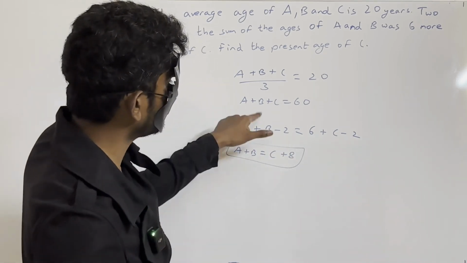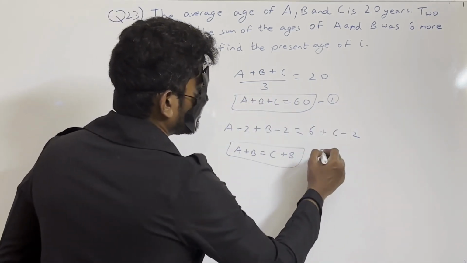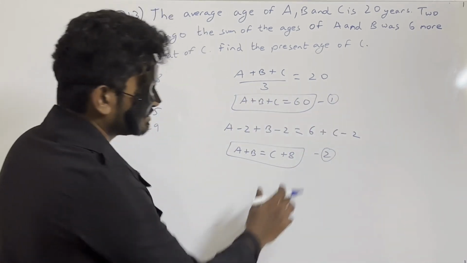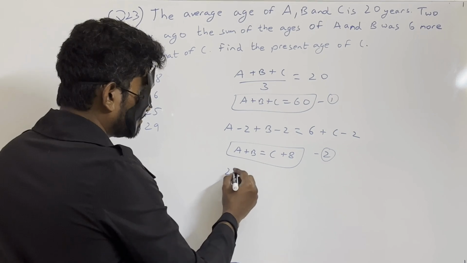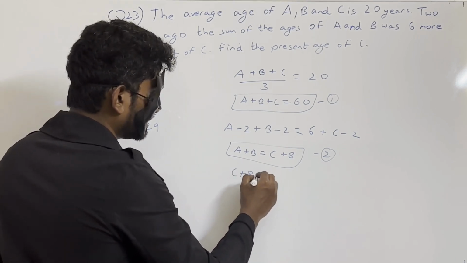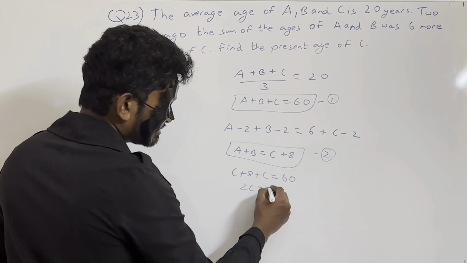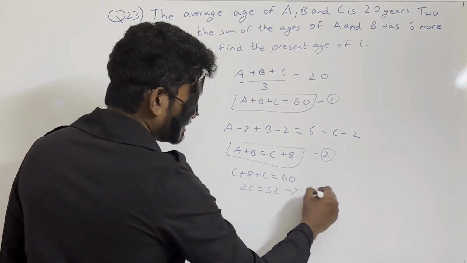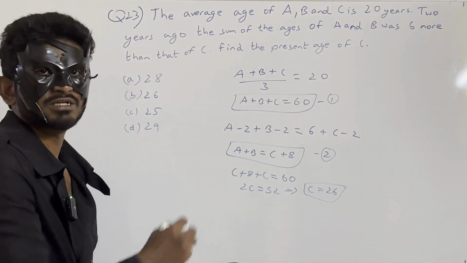Now substitute equation 2 in equation 1. We will get C plus 8 plus C is equal to 60. 2C is equal to 60 minus 8, which is 52, which implies C is equal to 26. So option B is right.